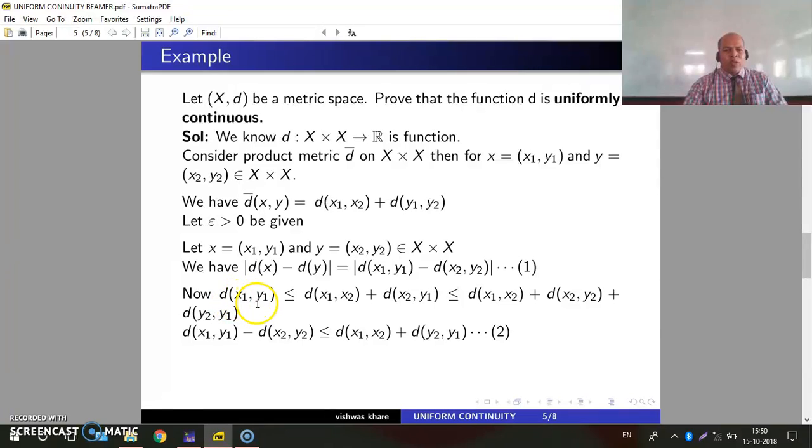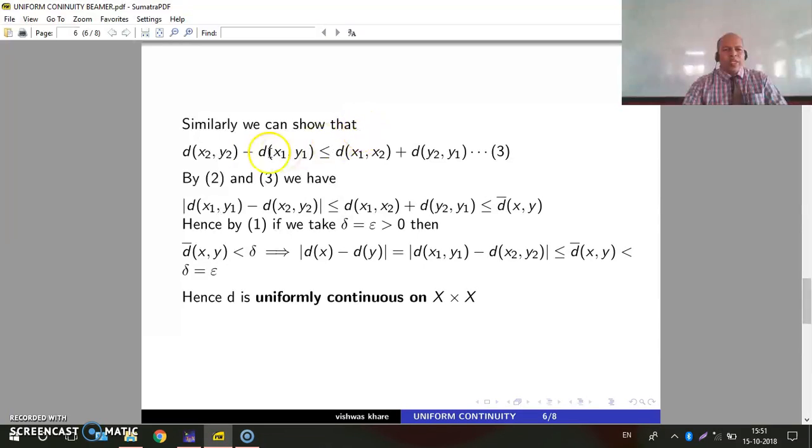Now, d(x1, y1) is less than or equal to d(x1, x2) plus d(x2, y1) using the triangle inequality, which is less than or equal to d(x1, x2) plus d(x2, y2) plus d(y2, y1), again using the triangle inequality. So that we have d(x1, y1) minus d(x2, y2) is less than or equal to d(x1, x2) plus d(y2, y1), equation number 2.